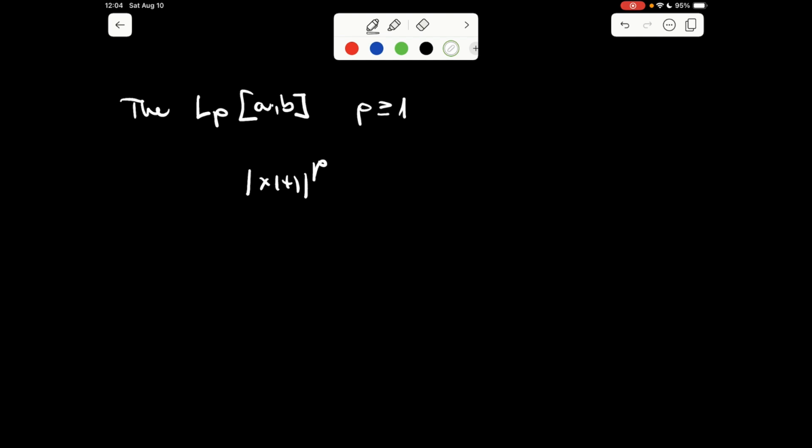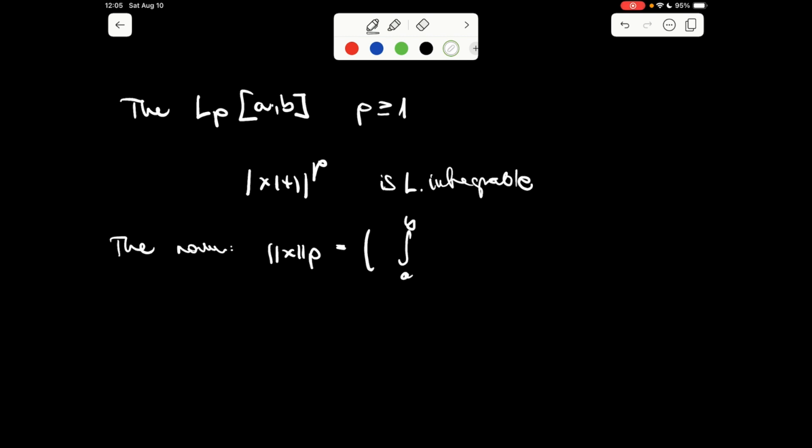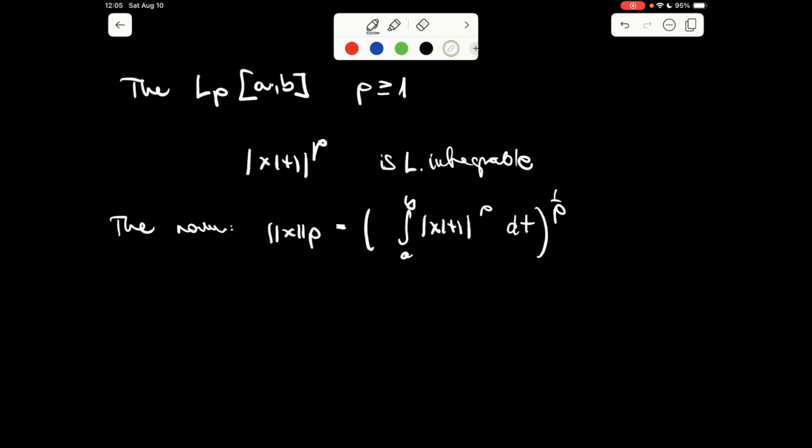So the norm of a function from this space is this integral, which shows why we needed to set as a prerequisite the integrability of the function.